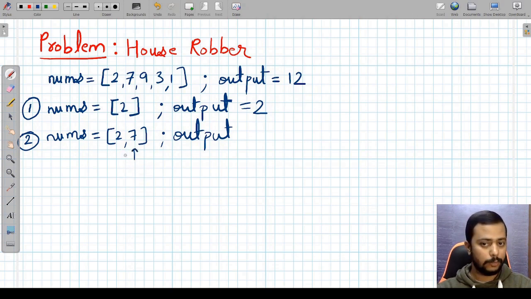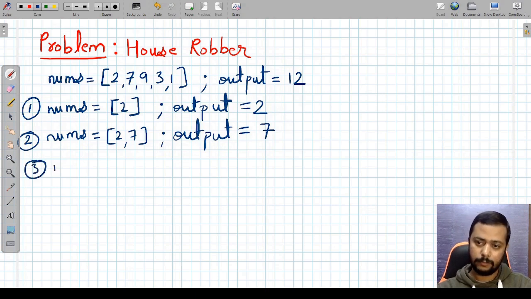If I pick the house with value 7, then I cannot pick the house with value 2 because these two are adjacent. So the only choice is I can either pick 2 or I can pick 7. So if I ask you which one should I pick, you will simply say, okay, if I pick the house with value 7, I can get more money. So here my output will be 7.